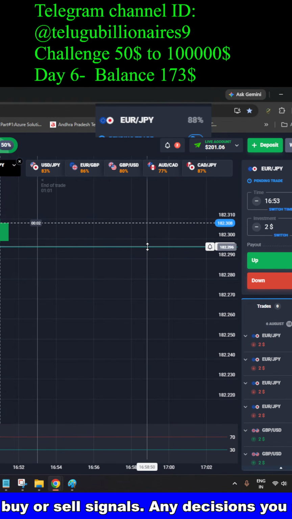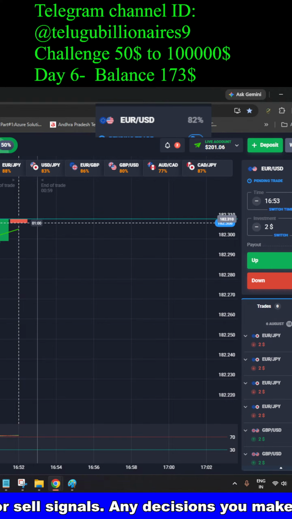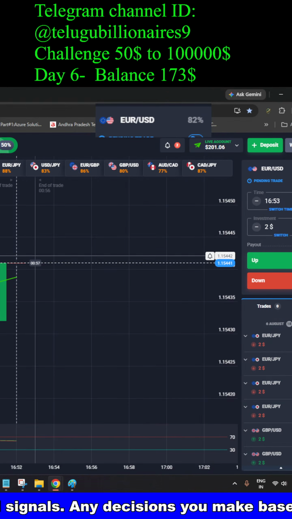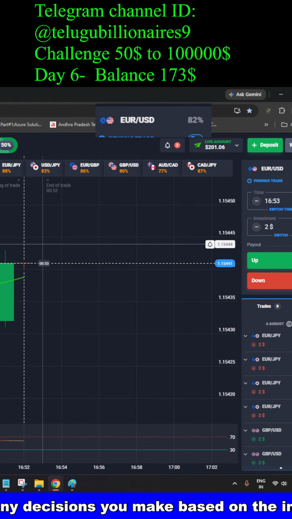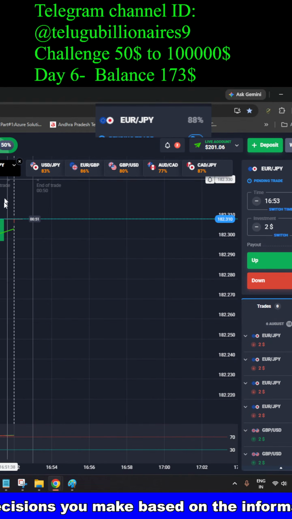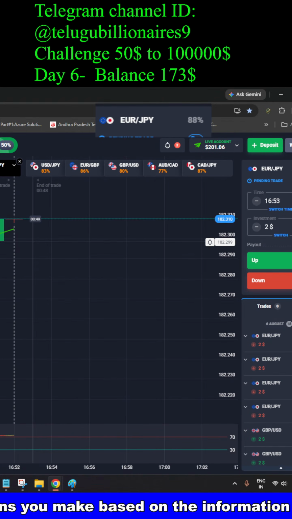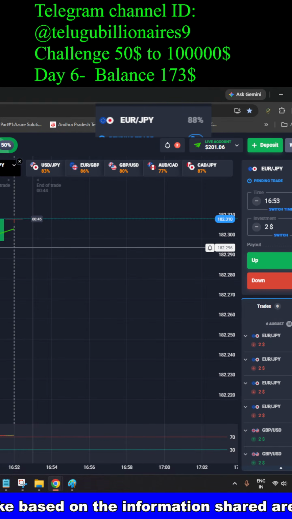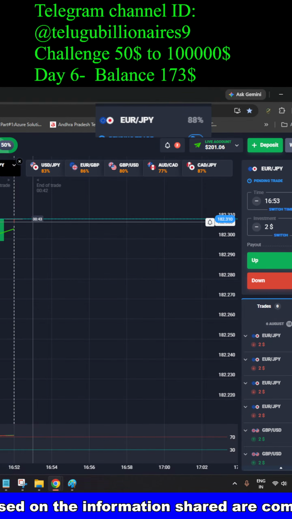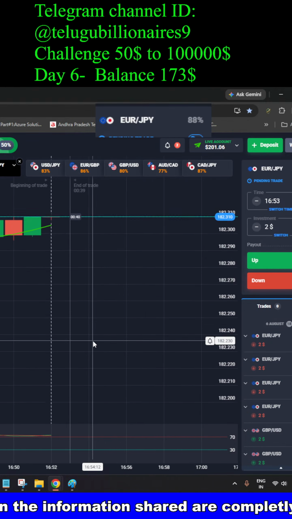Here also not a breakout. No setup. Here also no setup. Here only two candles are there. Still this is valid, and if it breaks we can try.